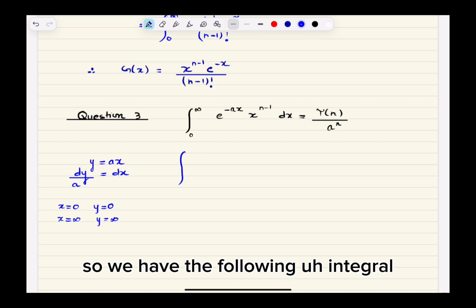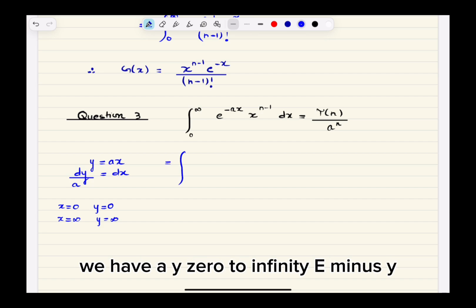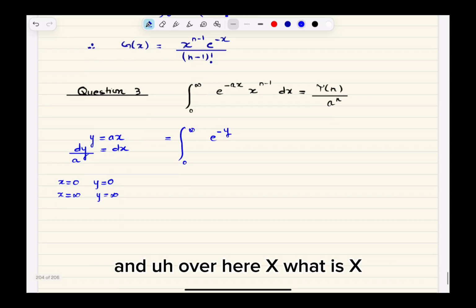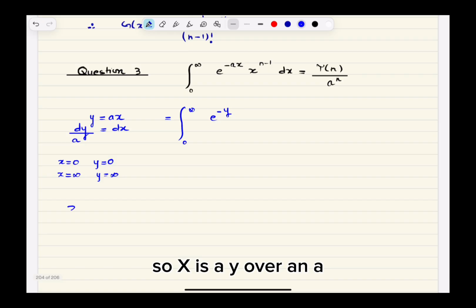So we have the following integral: from y equals 0 to infinity of e^(-y), and over here, what is x? x is y over a.